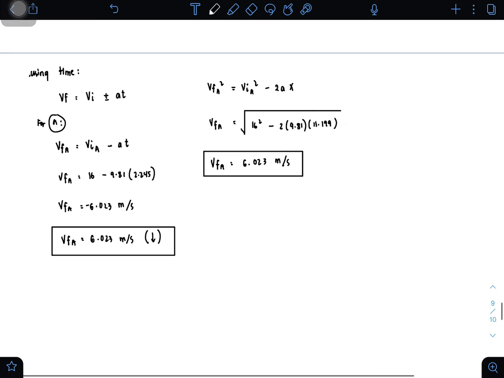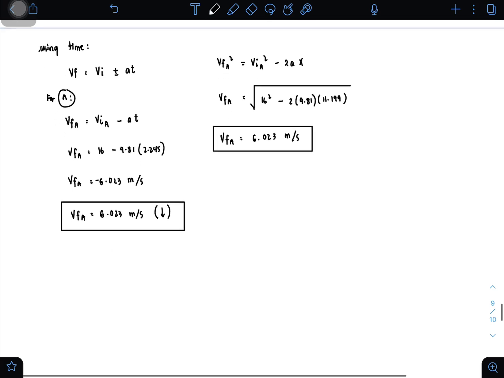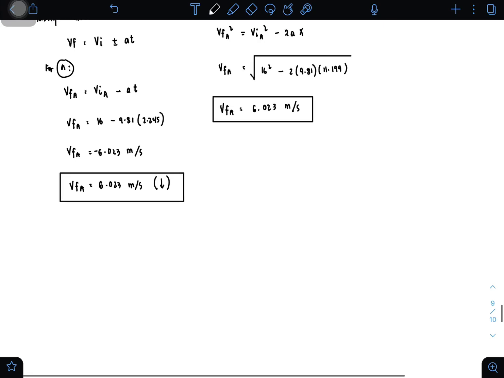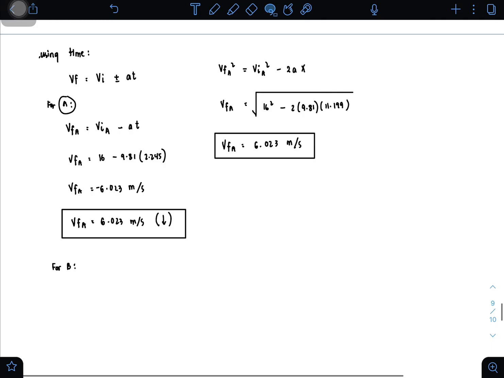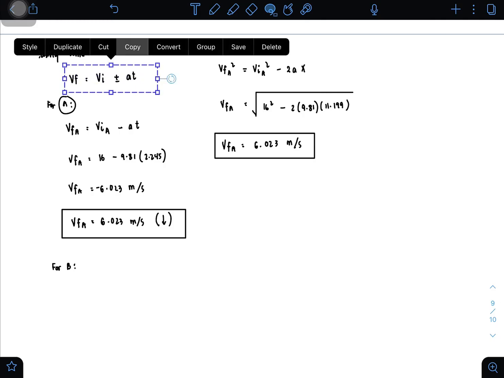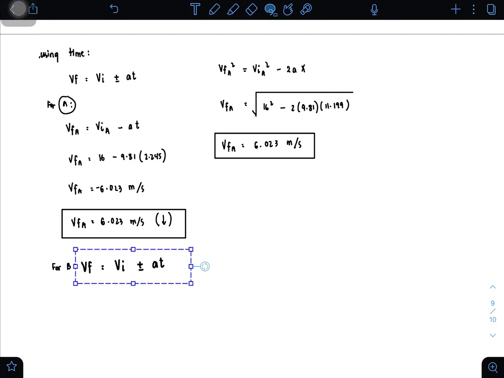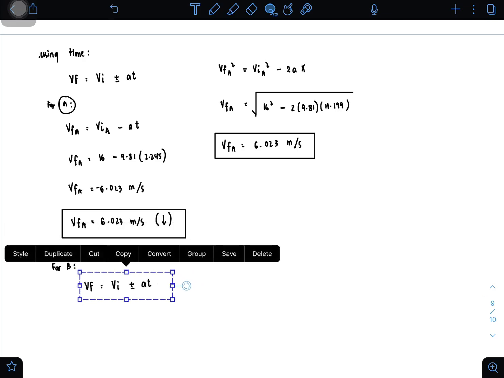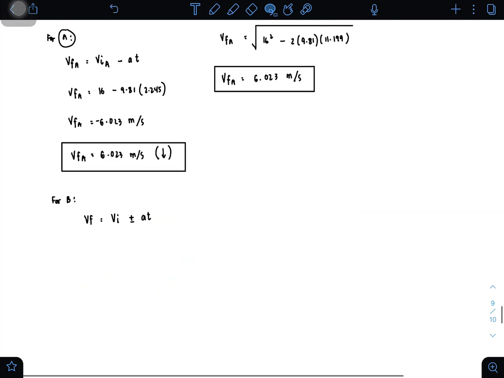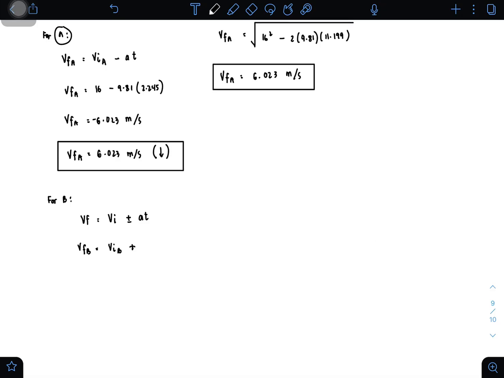Okay? So here we now have the final velocity of ball A. Then we're gonna solve for ball B. So for ball B, we're still gonna use the same formula. It's going to be final velocity of B equals initial velocity of B, and since this is moving downward, then it must be positive acceleration times the time.